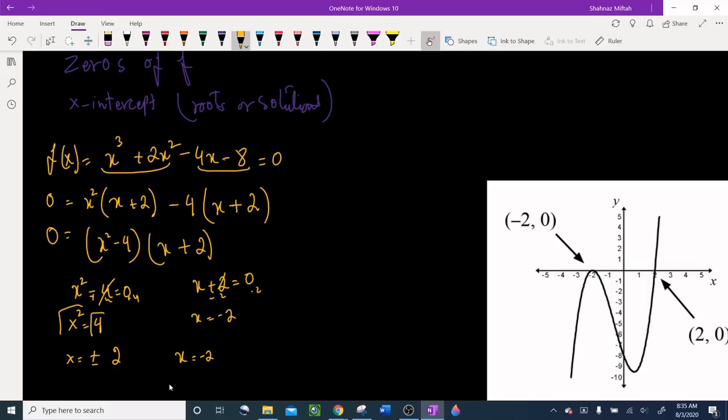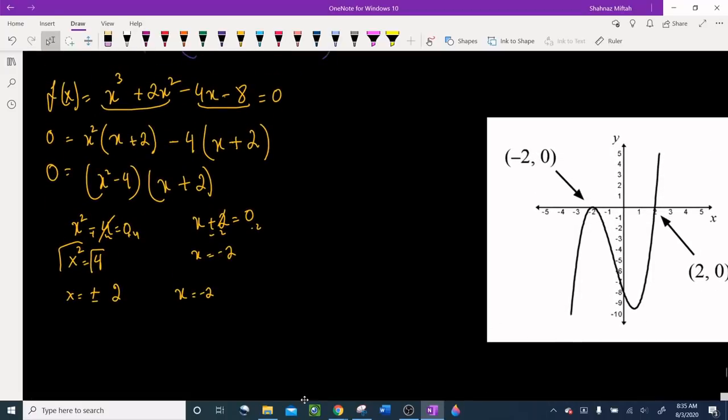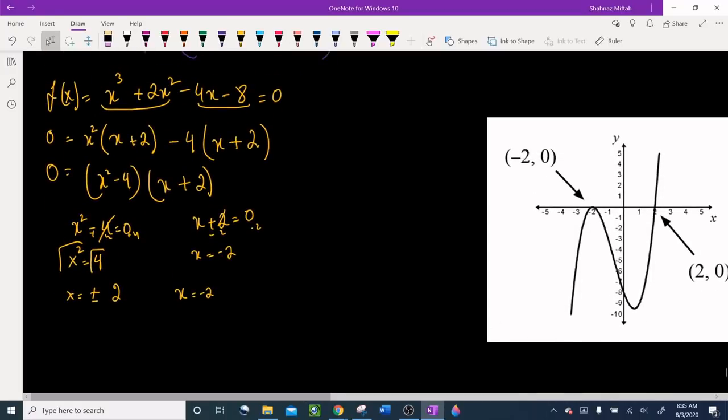Now, if you guys pay attention up here, this is the graph for the same function that we were working on. I wanted to move it back, but I think it's not going to move. Okay, fine.